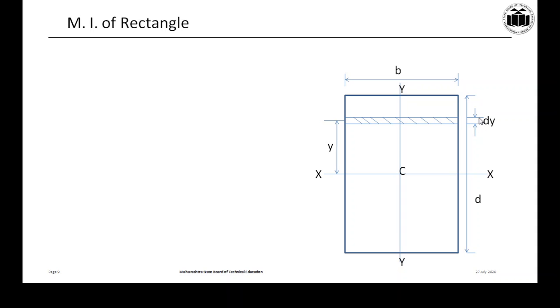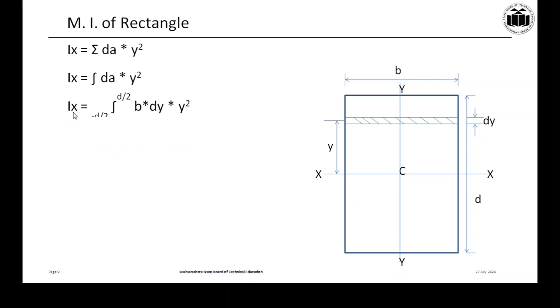This thickness is elemental thickness, very small. The perpendicular distance of centroidal x-axis from the elemental strip is y. With this, Ix is given by summation of dA into y square. Now this summation can be carried out using integration dA into y square.